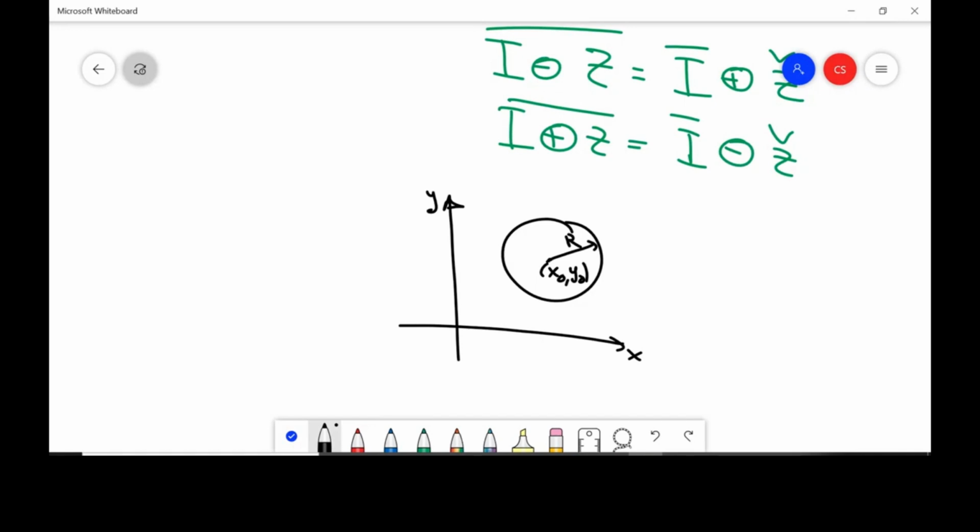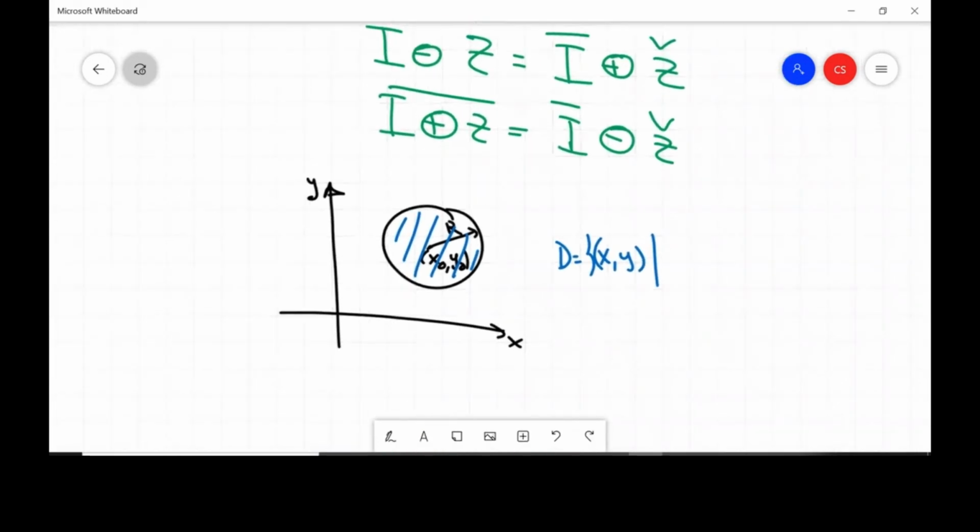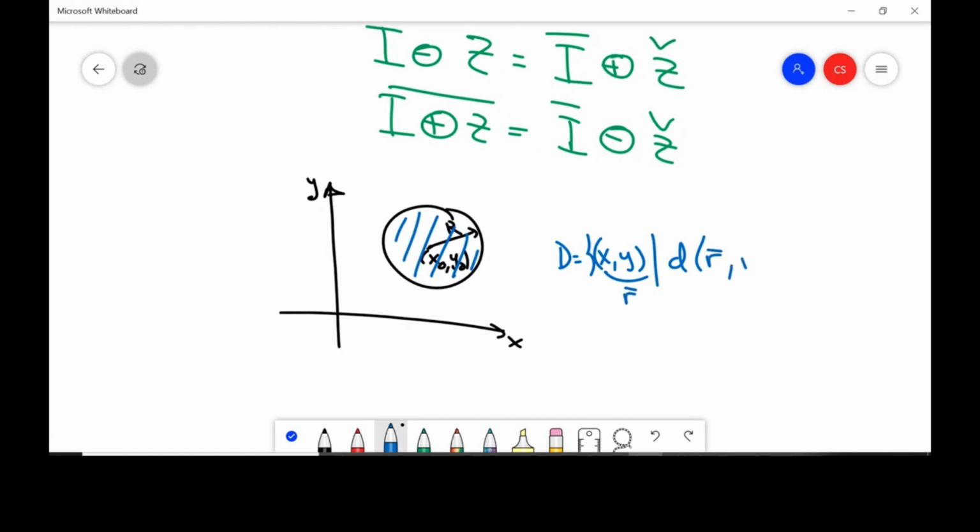Because the disk is the set of points such that the distance from r to r0 is smaller or equal to R. Do you agree? This is the definition of the disk.